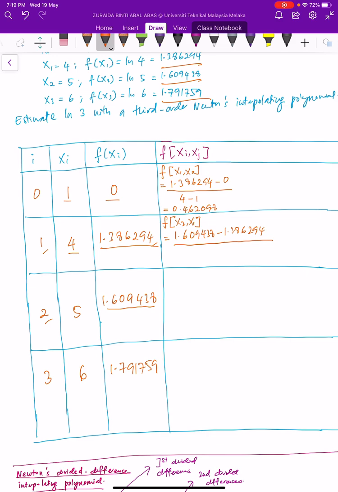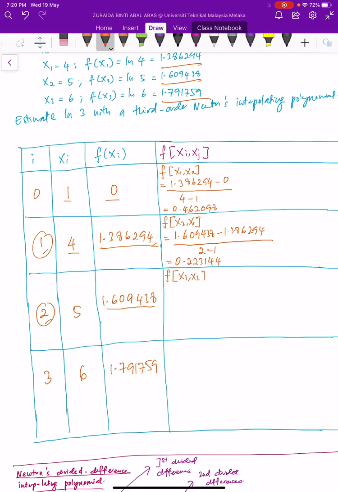So x2 minus x1 is 2 minus 1. So you will obtain 0.223144.